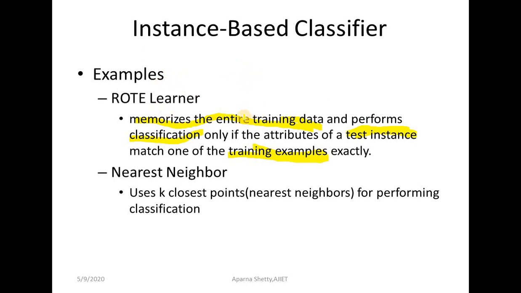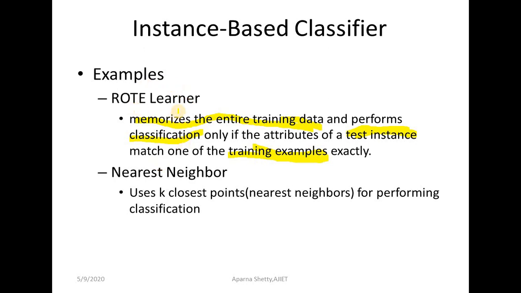The next classifier is the nearest neighbor classifier. The nearest neighbor uses the k closest points for performing classification, so it performs the classification based on the k nearest neighbors. So there are two types of instance-based classifier, rote learner and nearest neighbor classifier.